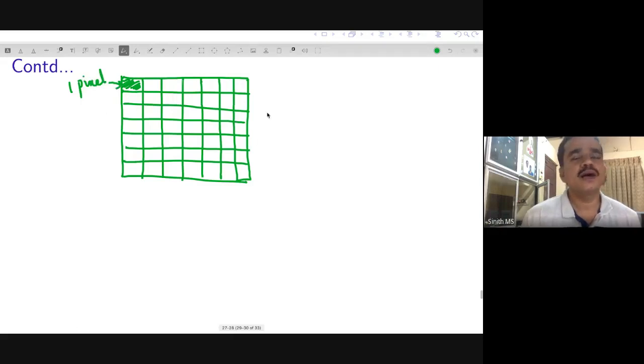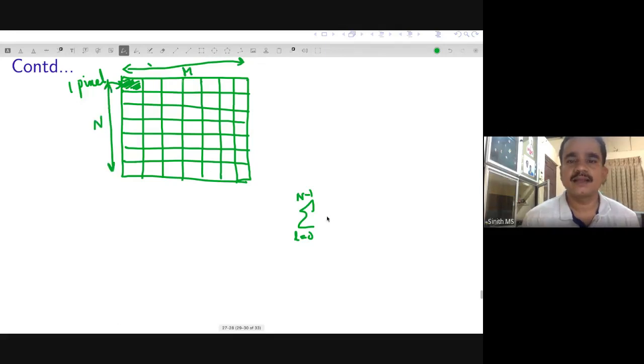You can do discrete cosine transform for this using a double summation, where, let us take L and M. So L equal to 0 to N minus 1. If this is of size M and this is of size N, sometimes they may be equal. Then you have two different summations, M equal to 0 to M minus 1.